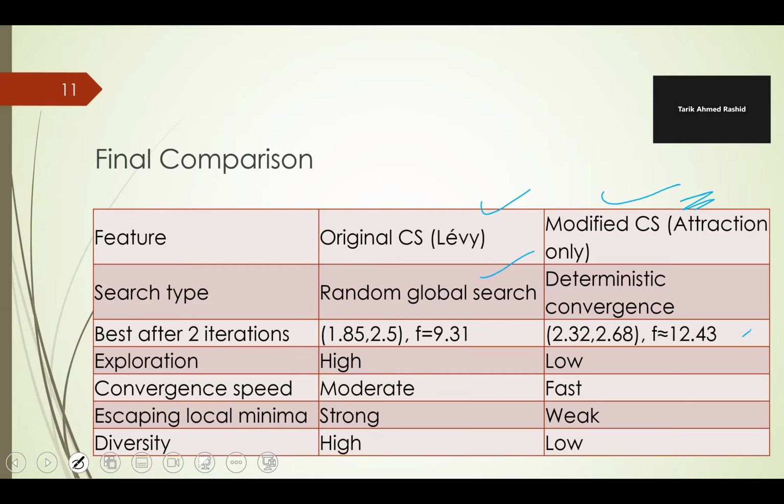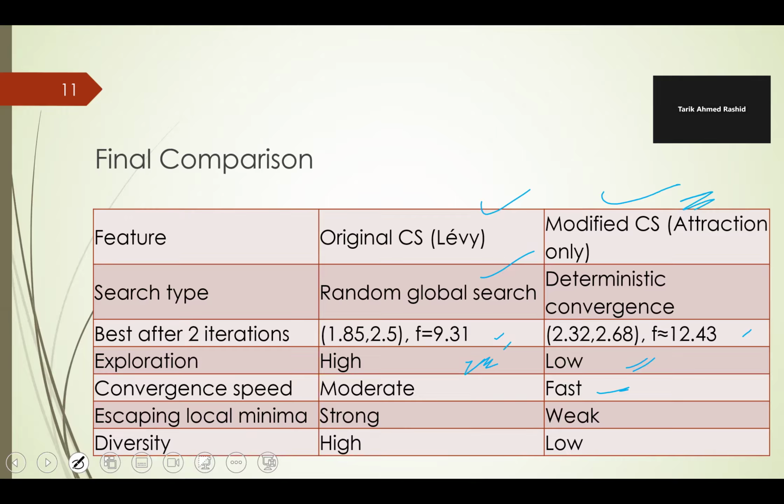In the earlier class that we discussed Lévy flight, it was 9.31. This one is low in terms of exploration. The original is high because it has a lot of Lévy randomness. Remember, we had beta, we have u, we have phi, and we have alpha.